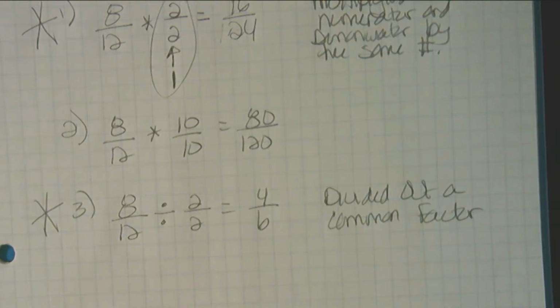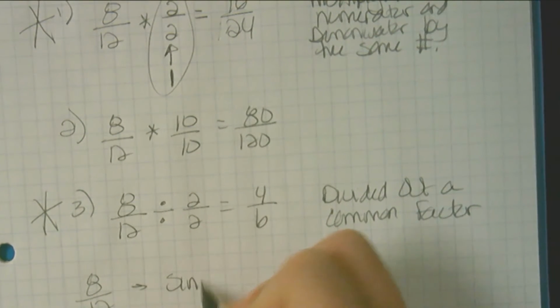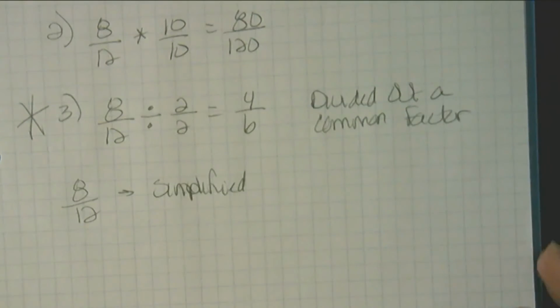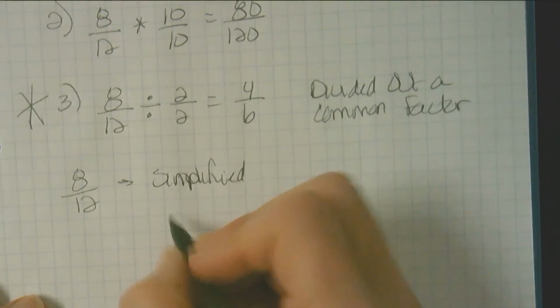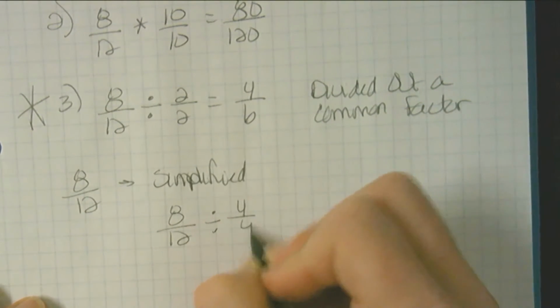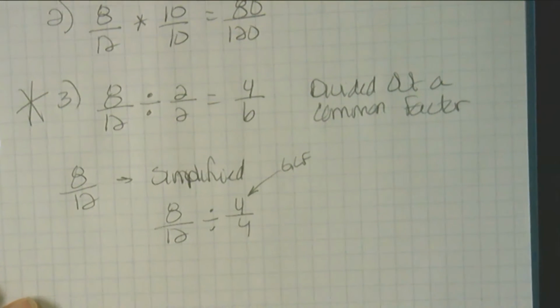What is this fraction simplified? I know that didn't ask us, but what is this fraction simplified? How would I find that? Sophia? Excellent, because that's my biggest factor. That 4 is my greatest common factor of both of them.